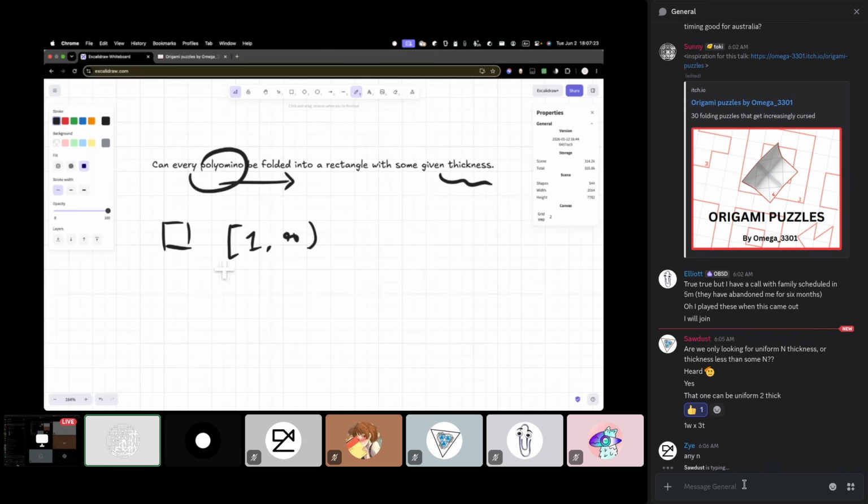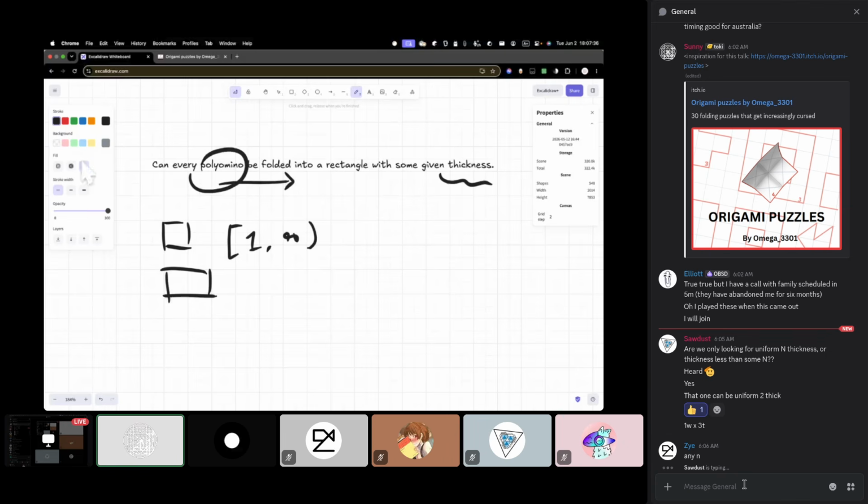And this would be possible for any n, and in general, any rectangle would be possible for any n. So we've also done the case for domino. The logic behind it is, if you have some n, let's say 3, then you just fold it into thirds, and this will come into a zigzag shape such that the thickness is always 3.